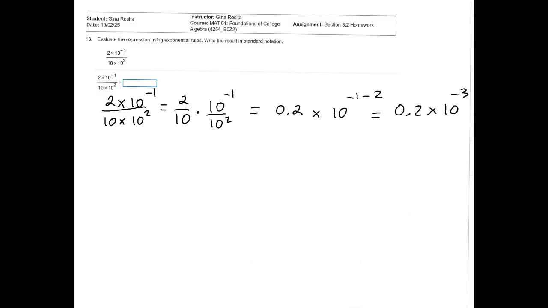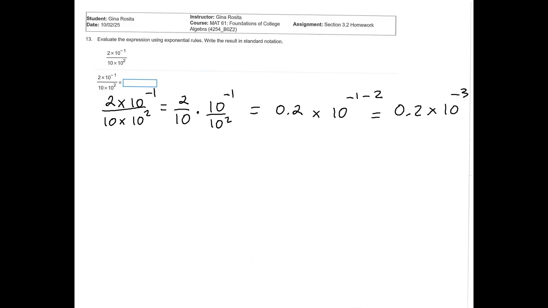So 2 over 10 times 10 to negative 1 over 10 squared. Okay, so 2 divided by 10 is 0.2 times 10 to negative 1. Use the quotient rule, yeah? Negative 1 minus 2. So the answer becomes 0.2 times 10 to negative 3.